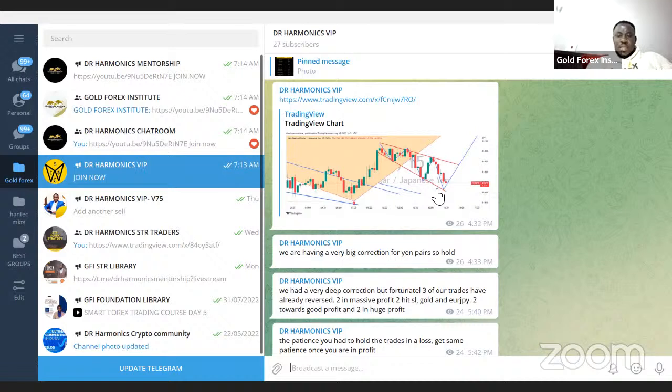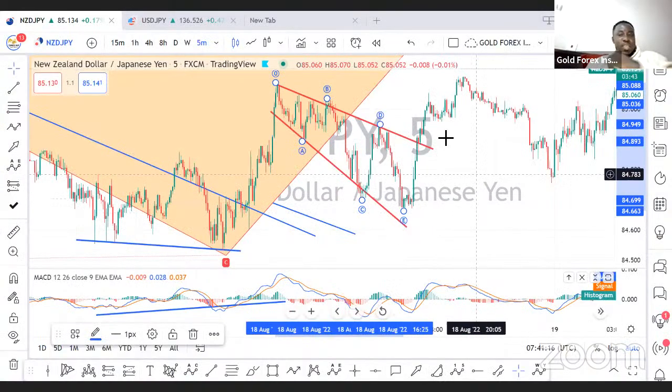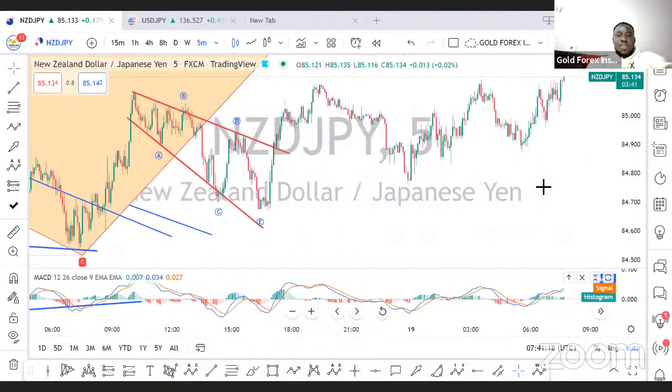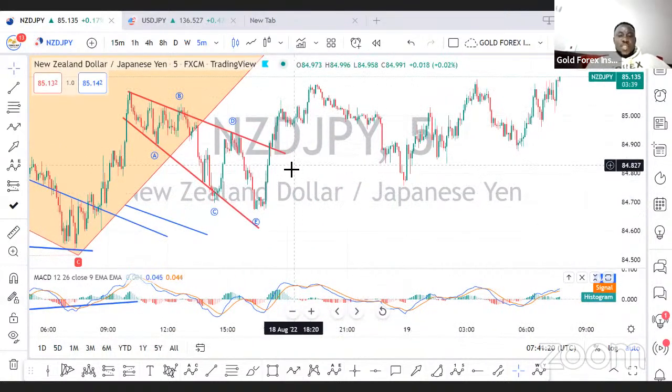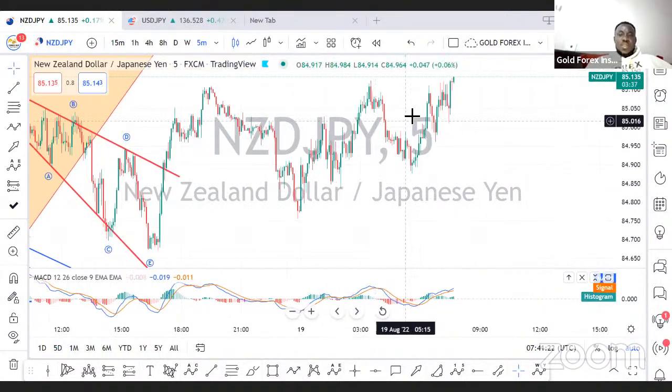So if you had listened to it, you would have bought after the breakout here, or from this area, you would have bought and you would have made some profit thereof, okay? And I've made some profit thereof. So that was what happened. It caused the E here and it broke. Now it broke and it came to retest this zone and it's going up.